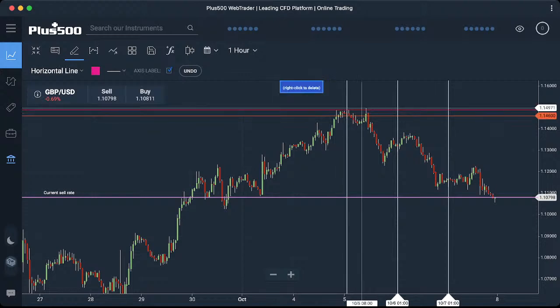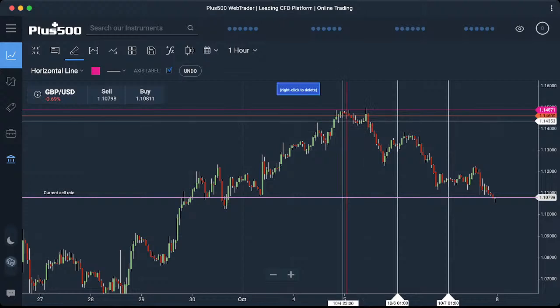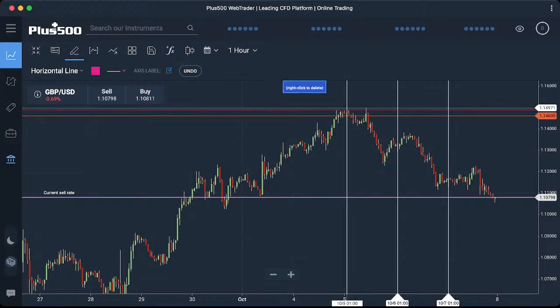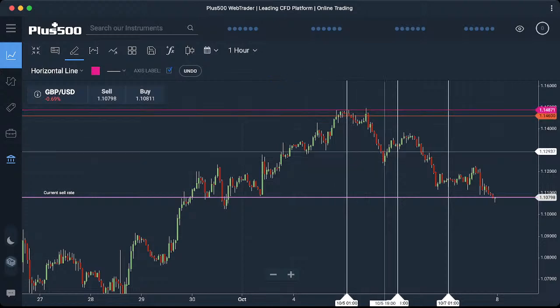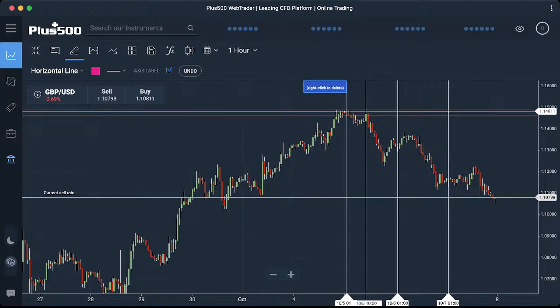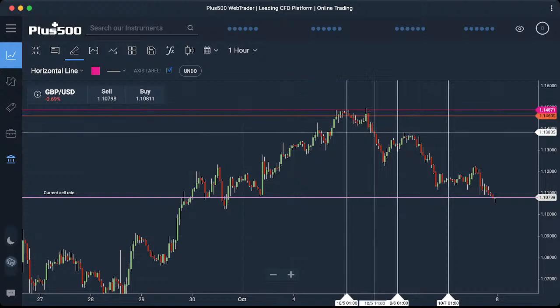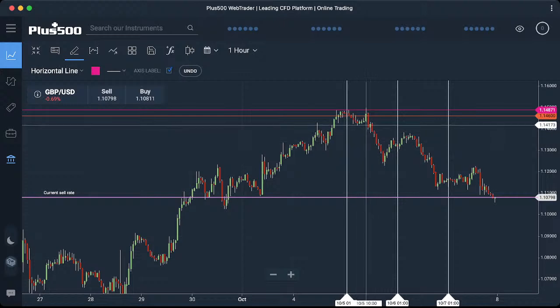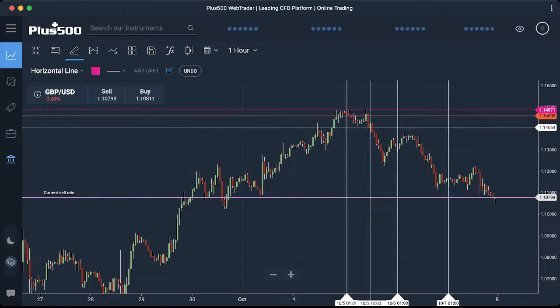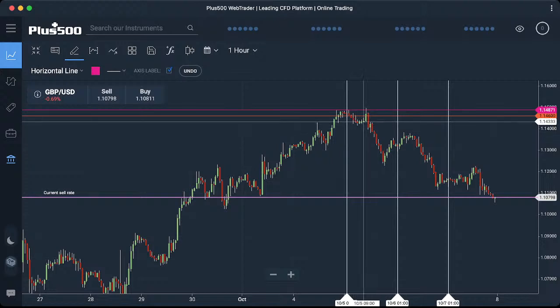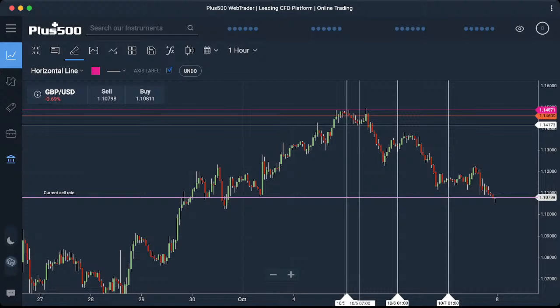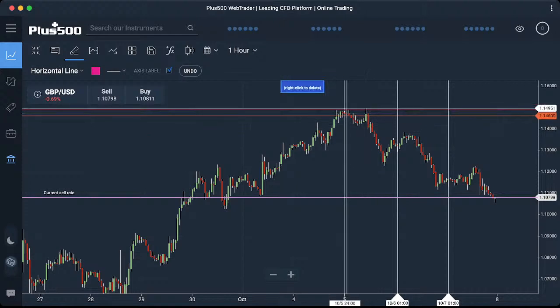And it took this buy side liquidity. So basically there are some stop losses placed here for those people who are selling, and also some buy orders for those people who are buying. So that's why big banks and smart money accumulation is happening first, and then price is moving to the upside to take this buy side liquidity as indicated by this pink line.